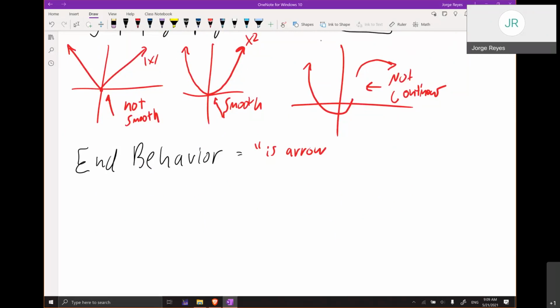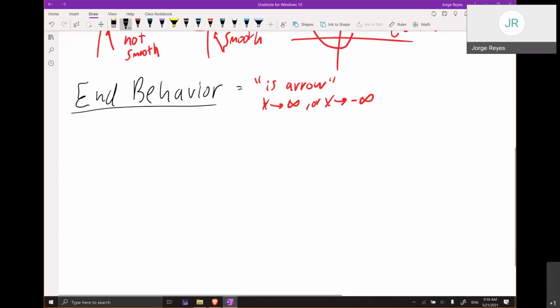That's the end, because the arrows just mean you go off forever, but you kind of know what that means. So end behavior is the arrows, or what happens as x goes to infinity or goes to negative infinity. Okay. And polynomials have very specific end behavior that makes them nice.